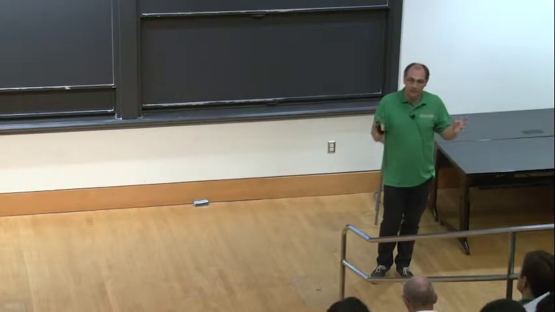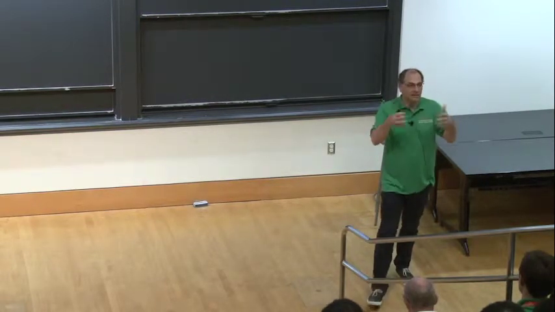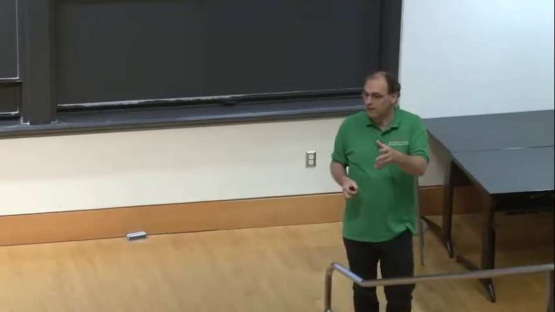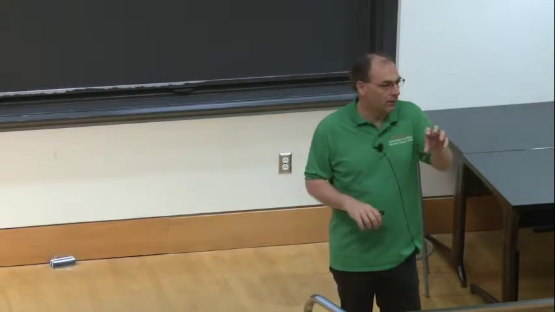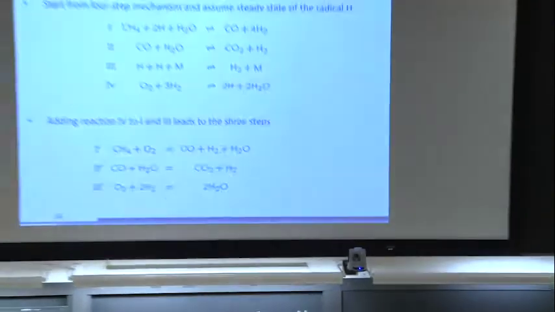And if I have an analytic expression for that concentration, I can see from an equation what happens to the radicals. Hydrogen is just representative of all radicals. What happens to the radicals? Where do they come from? Where do they go? So that's what we want to do.